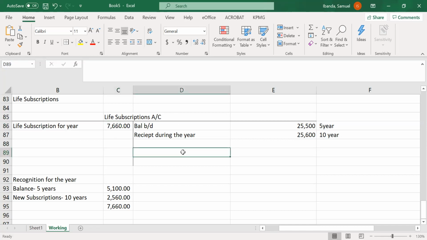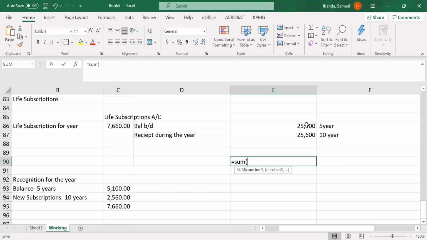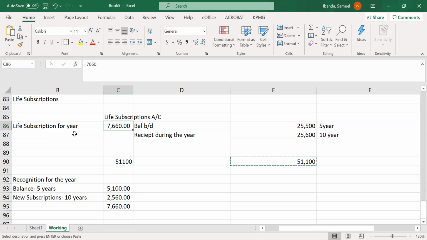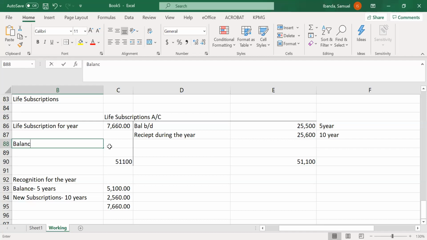If you want to get the balance that remains under your liabilities, the balance of this account, by doing what? Add these two sides. This side is added together to get 51,100. This side should also add to the same thing, but unfortunately, we have 7,600, so we shall have a so-called balance carried down of how much?